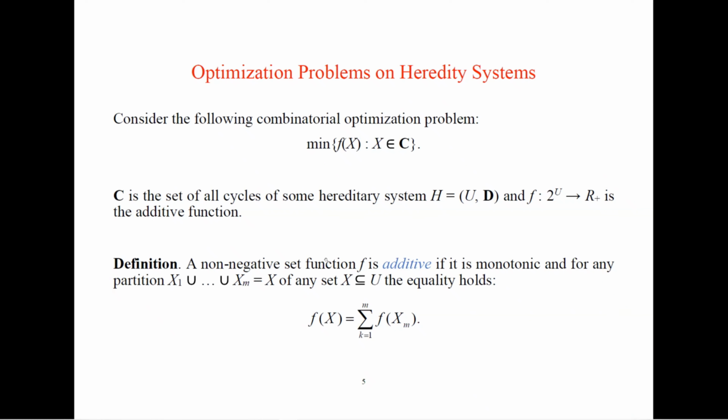This equality means it's the discrete equivalent of a linear function. You can split your set into different parts, calculate the function on every part, and sum them, and this sum is equal to the value of the function on the whole set.